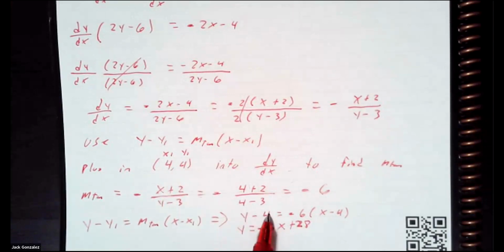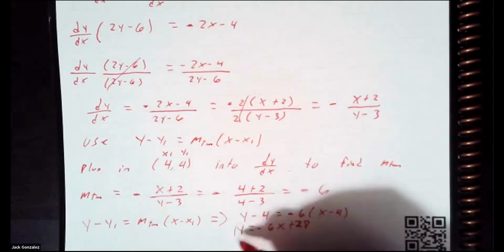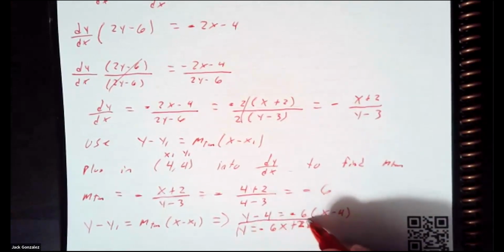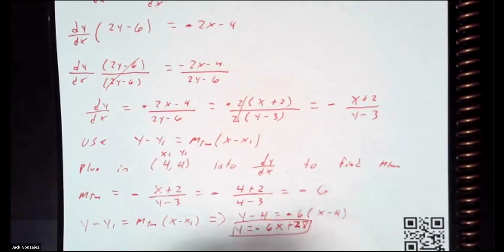So y minus 4 equals negative 6 times x minus 4. Solve for y and you'll get the equation of the line. This is the tangent line. So that was what they were asking for, right? Yes. Find the equation of the tangent line, which requires a derivative to find the slope and an implicit derivative to take care of the circle.